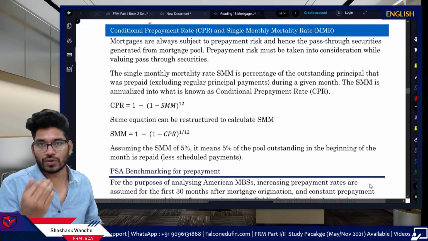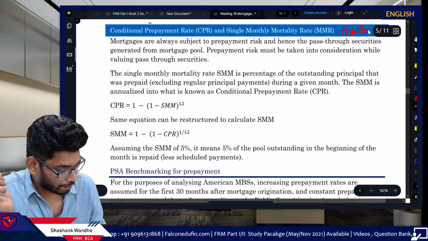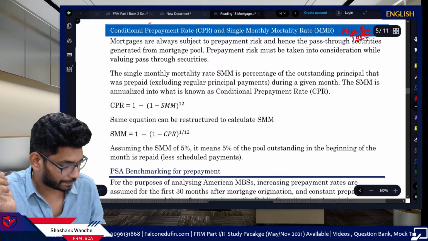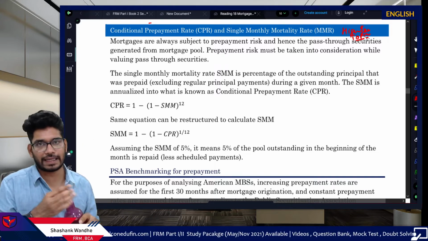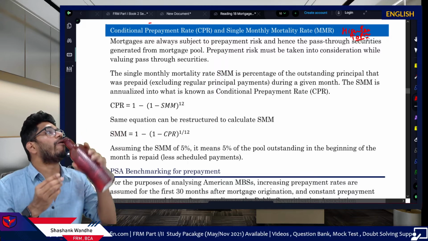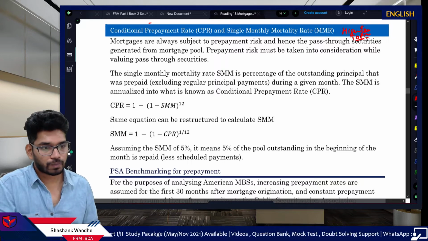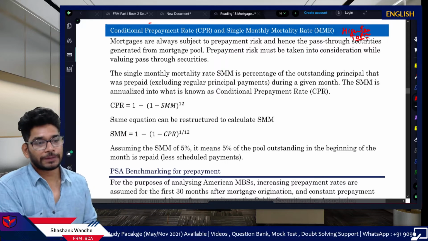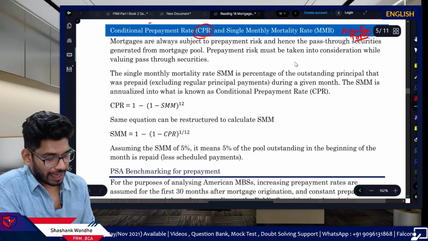And second is the most important topic, highly important topic. Why? GAAP asks questions on this in almost every exam. So the conditional prepayment rate and single monthly mortality rate.